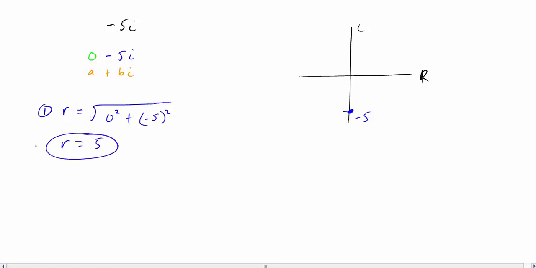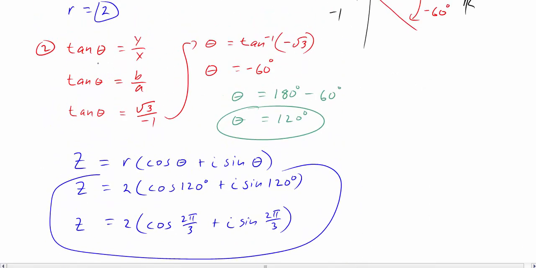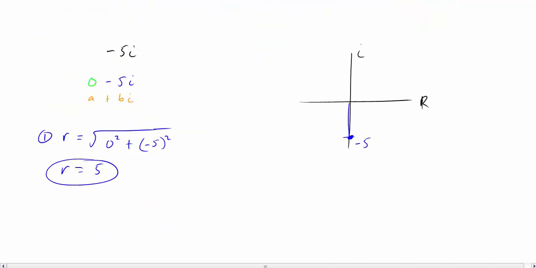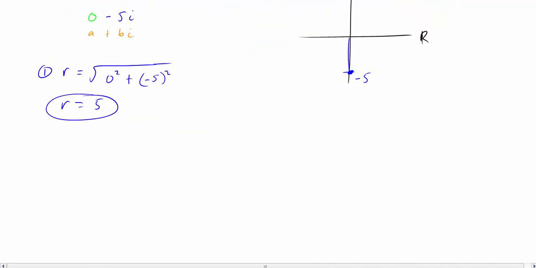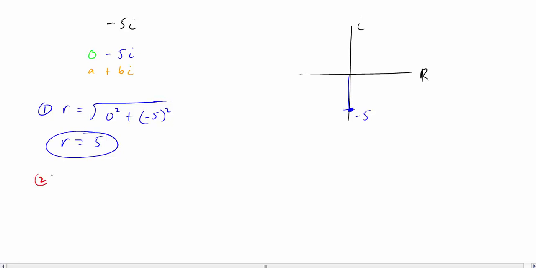And if we were smart enough, we could have just looked at this and said, well, this is straight down. We know this is going to be 5 units. All right, then just like before, we need to now calculate the angle using our tangent function, which in this case, we would say the tangent of theta is equal to y over x, or in this case, it's going to be b over a.